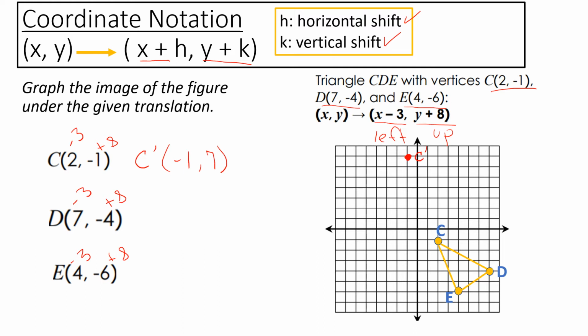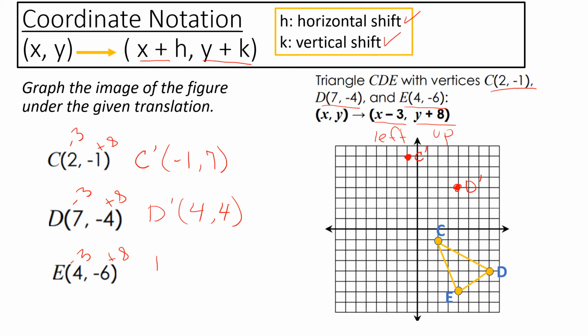Then I'm going to complete the calculations for D prime. 7 minus 3 will give me 4, and -4 plus 8 will also give me 4. I'm going to plot that, starting at 0, going to the right 4, 1, 2, 3, 4, and up 4, 1, 2, 3, 4, and that is D prime.